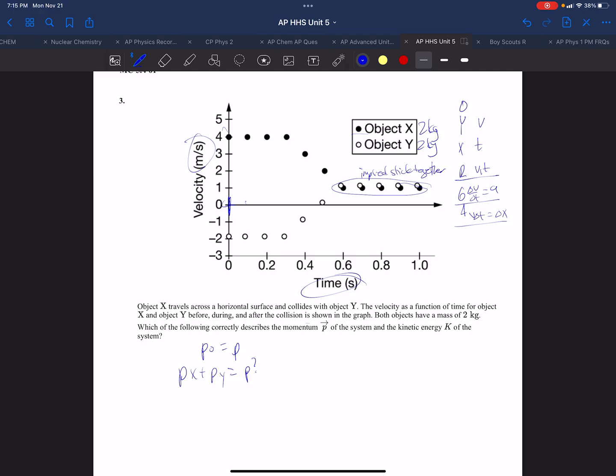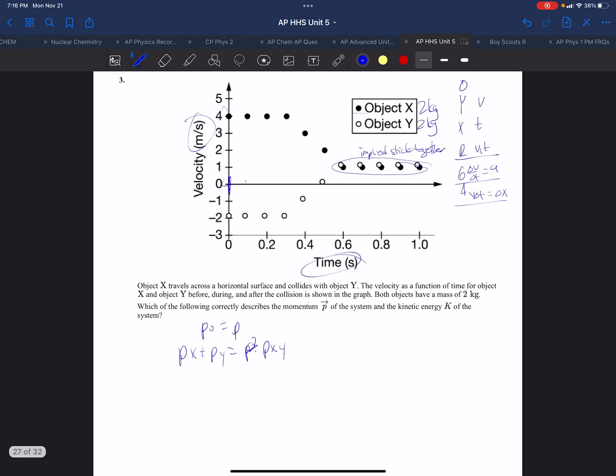So afterward, we'd have the momentum of XY. They both have a mass of 2 kilograms. X has an initial velocity of 4, and Y has an initial velocity of -2. And then we have a mass of 4 times its new velocity, which we are told is 1.